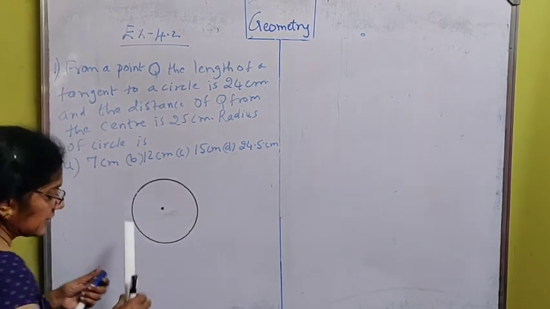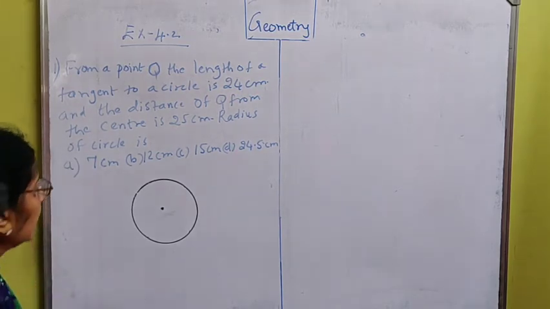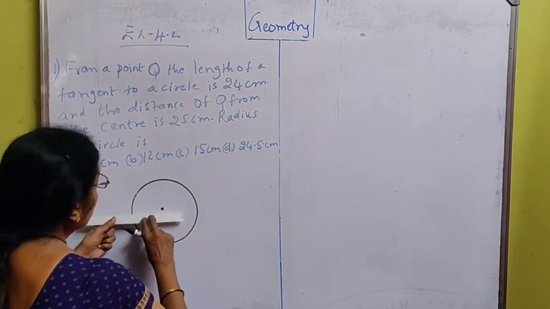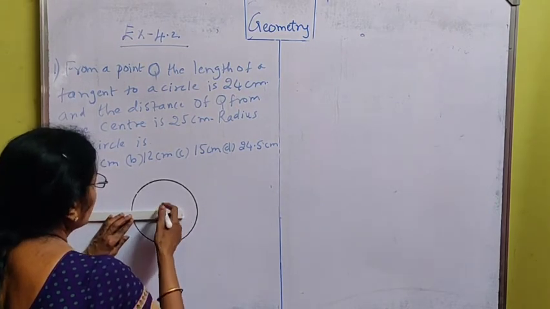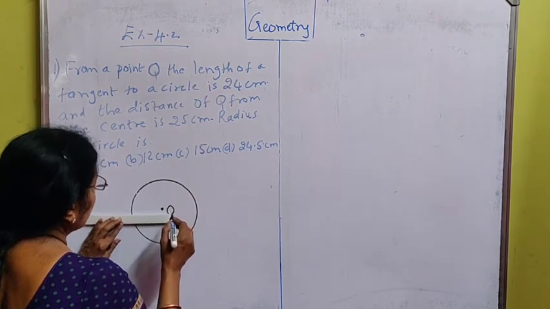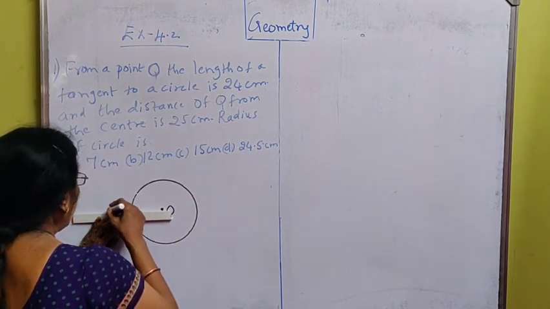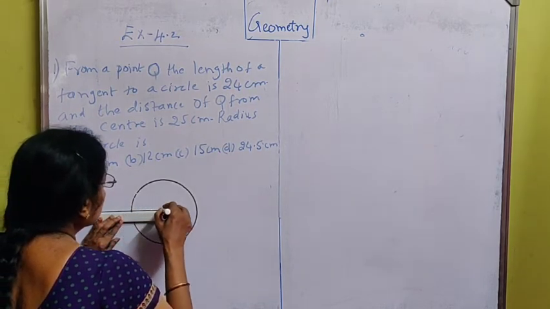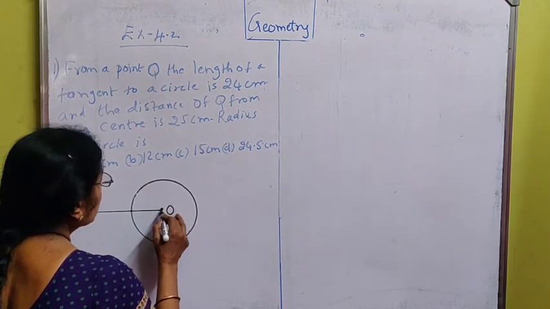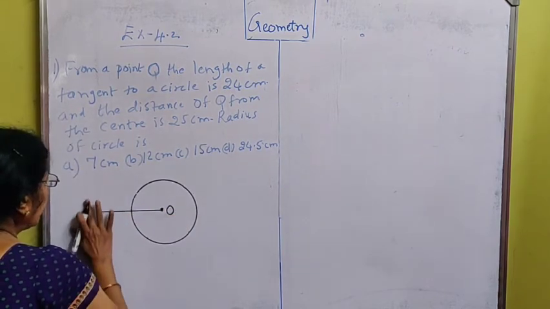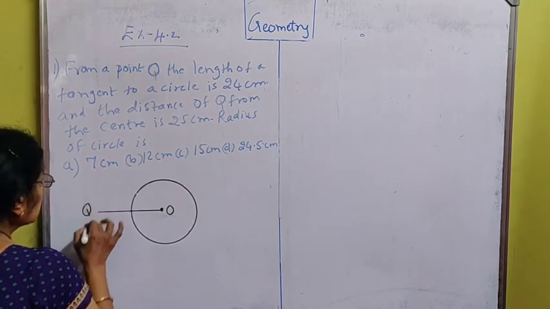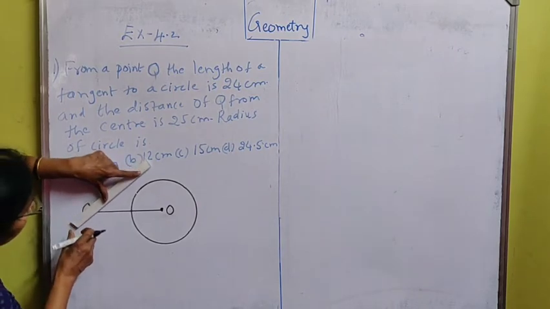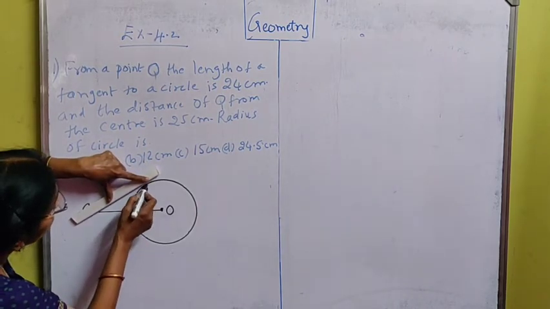So let us take the first one. Let us draw what he has asked. Observe how the diagram should come. So O is the center of the circle and point Q is external. This is point Q. Then a tangent from point Q is drawn to the circle.